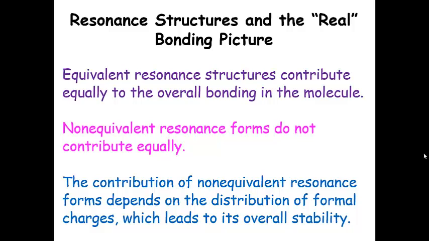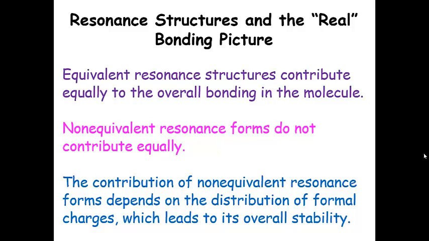Okay, so resonance structures do help us describe the real bonding picture in the molecule. And basically, one structure often doesn't describe the real bonding picture or what's really going on bond-wise in that molecule.